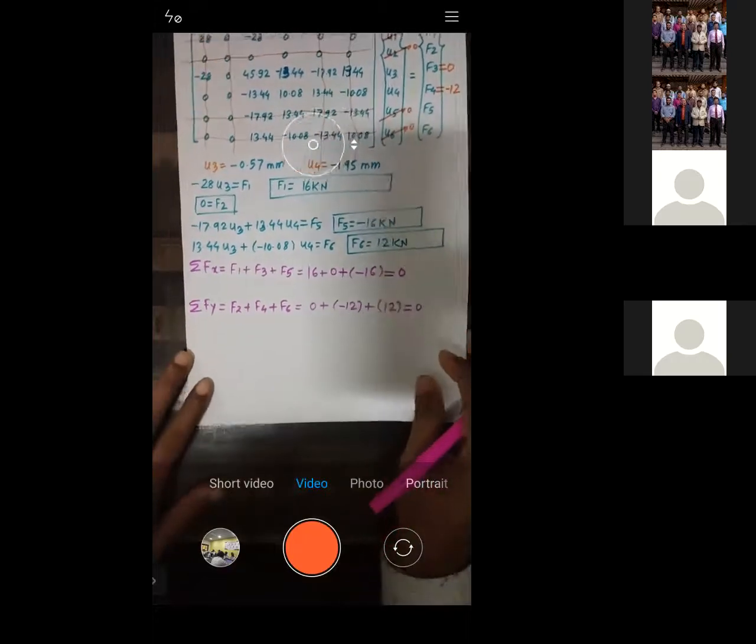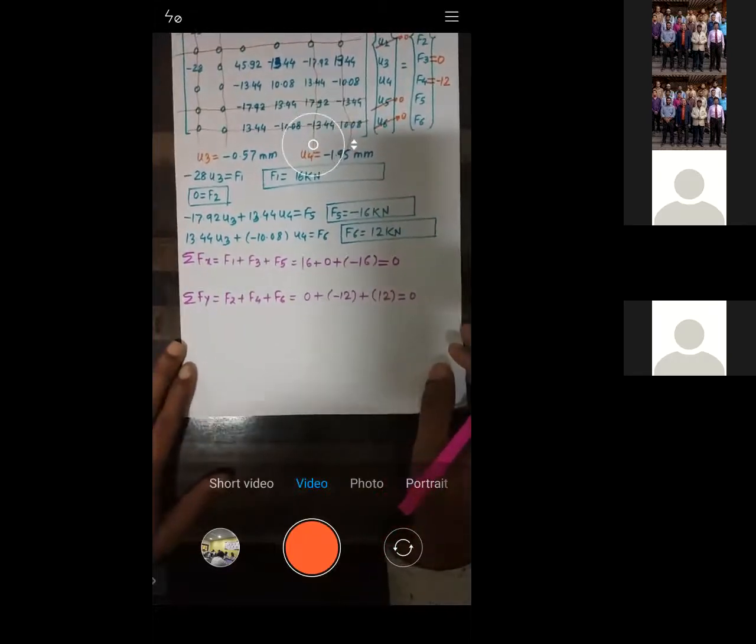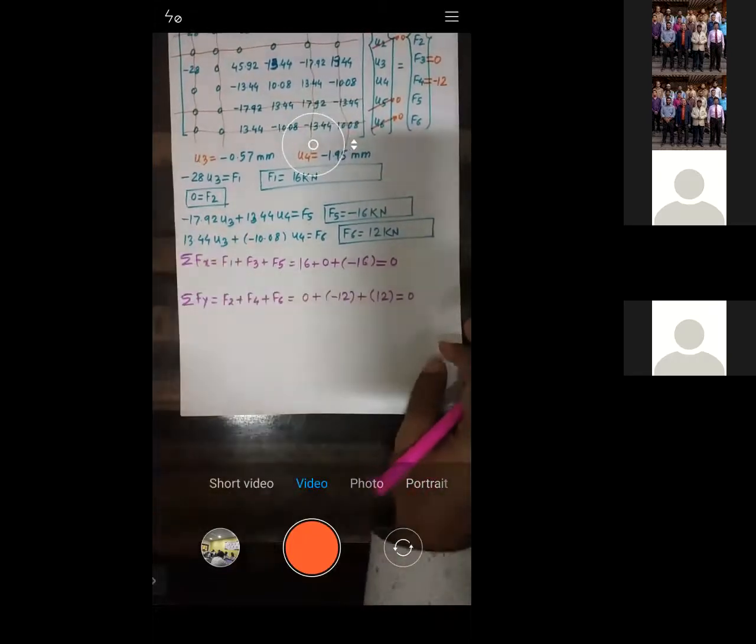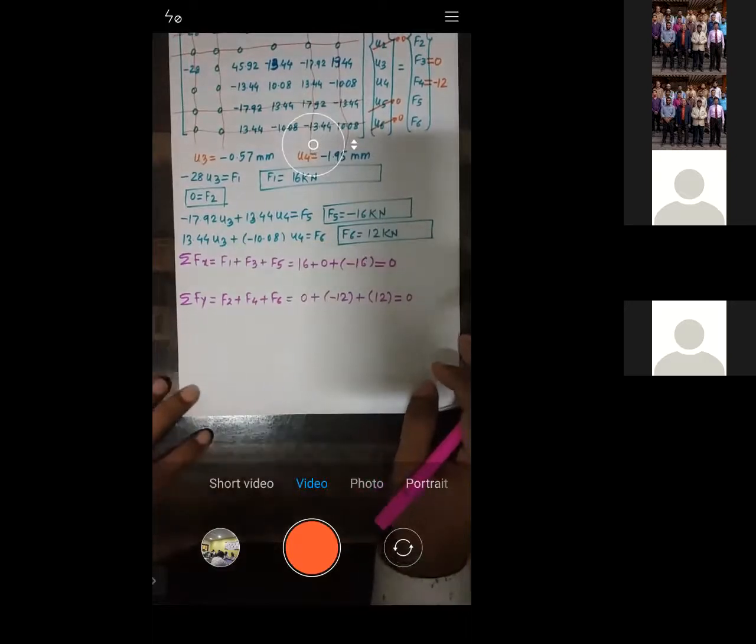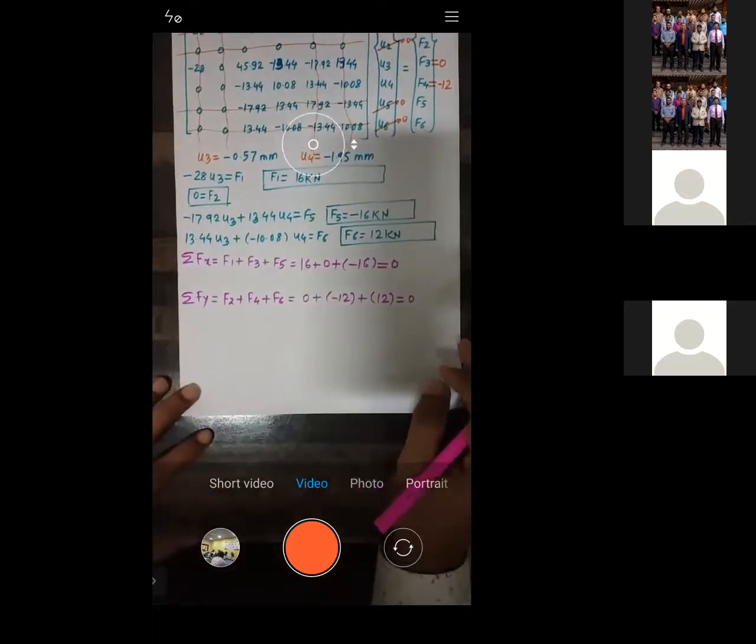Now let us calculate the stress. As we know, for calculating the stress, we should know the value of strain.